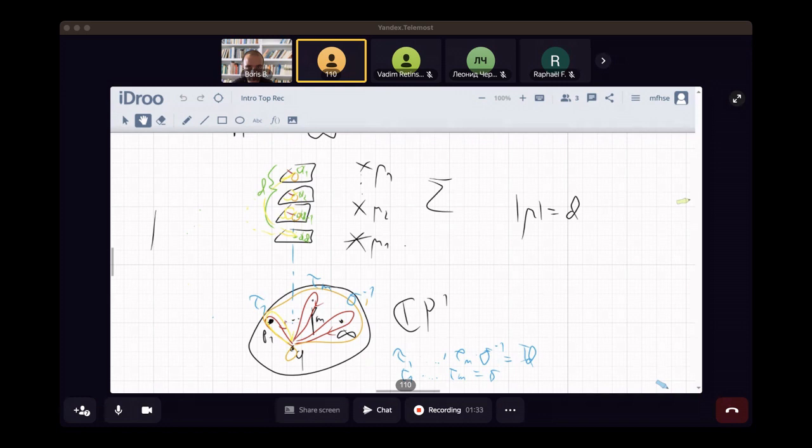But we want to prove it, right? And there are actually various ways to prove topological recursion for Hurwitz numbers, but we will be discussing one of them. Why choosing this particular way to prove this?